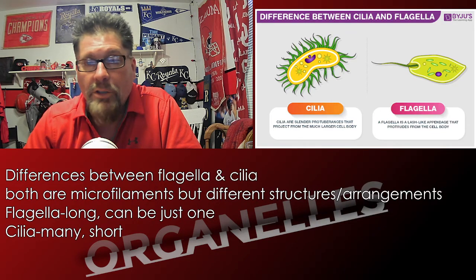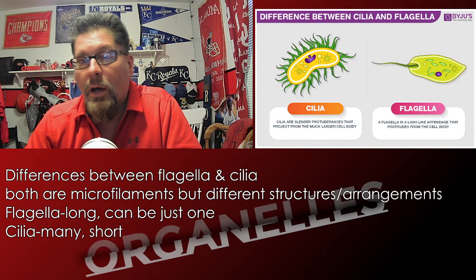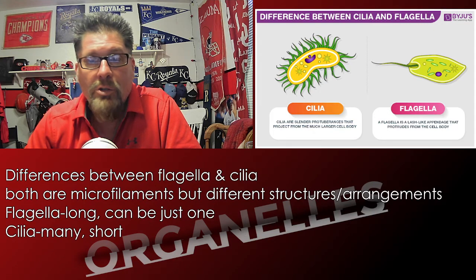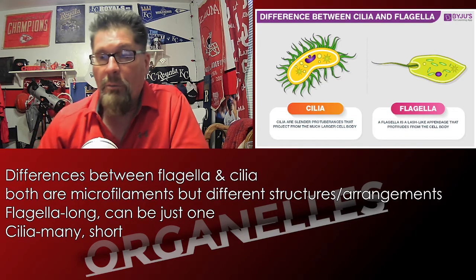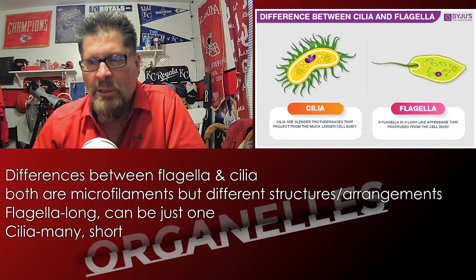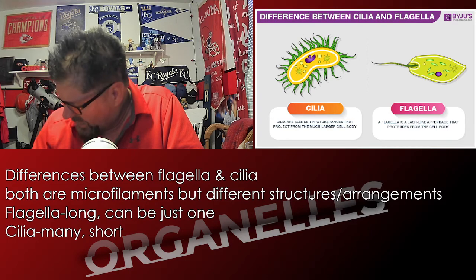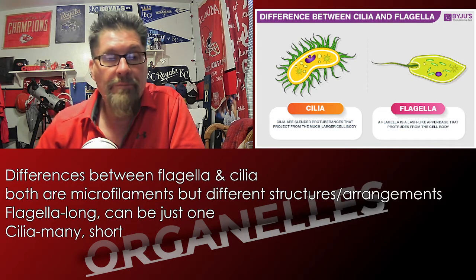Lots of variations there. But cilia are short, and they are many. But again, microfilaments, just different structures. One's long, flagella. One's short, cilia. Can be just one, or there can be many.